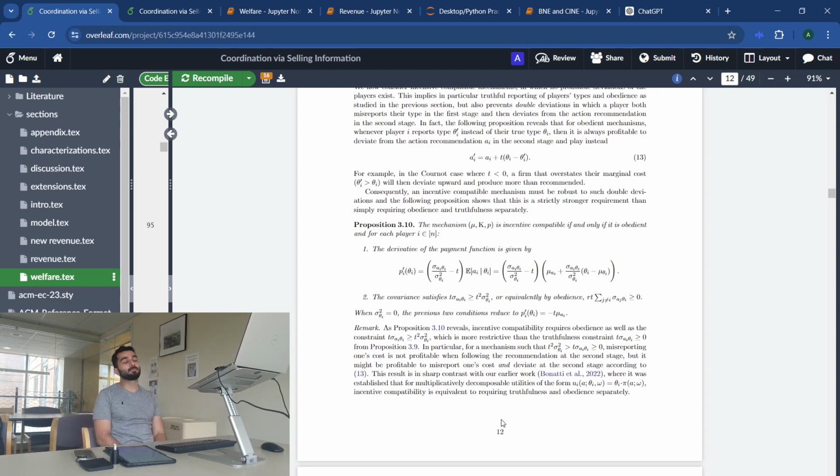When we are saying complete information Nash equilibrium, when we know that the action recommendation, once we say that, we are assuming that it's not complete information Nash. Platform recommends this action recommendation. Is it obedient? Yes. Is it truthful? We need to see if x is greater than 1, and we need to have sigma I theta I. Okay, so the formula for payment again comes from this shit.